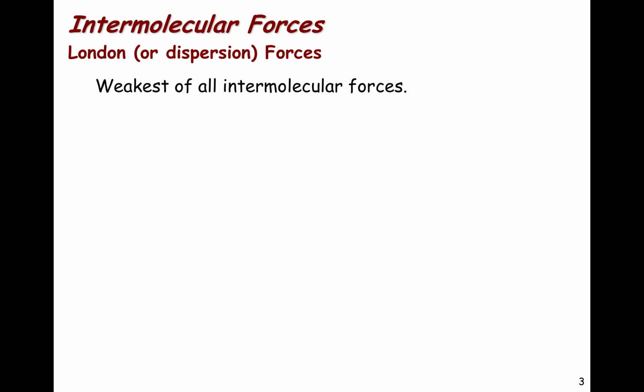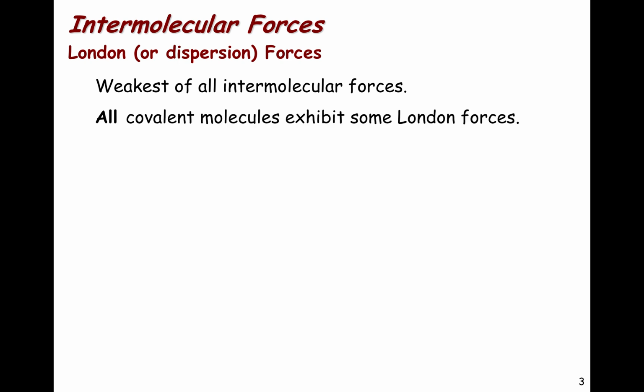The London dispersion forces are the weakest of all of the intermolecular forces because they have the least likely interactions of opposite charges over an extended period of time. It turns out that all molecules that have covalent bonds exhibit some sort of London dispersion force, in addition to possibly having other intermolecular forces.